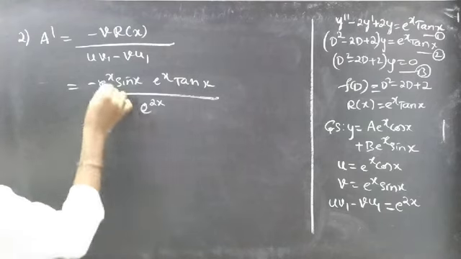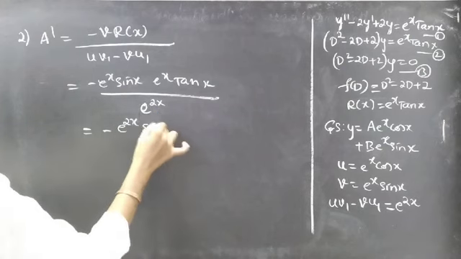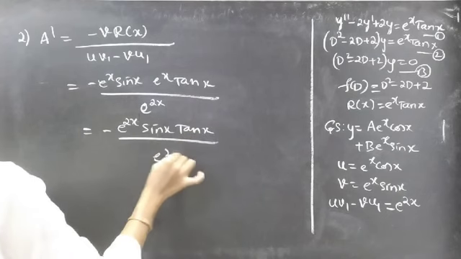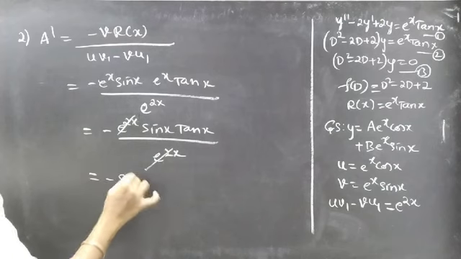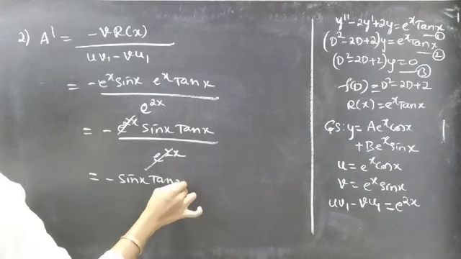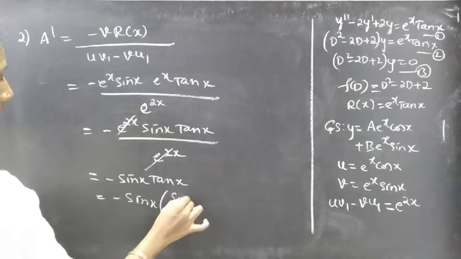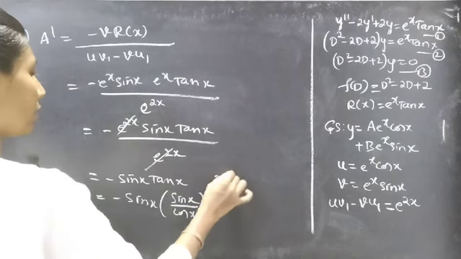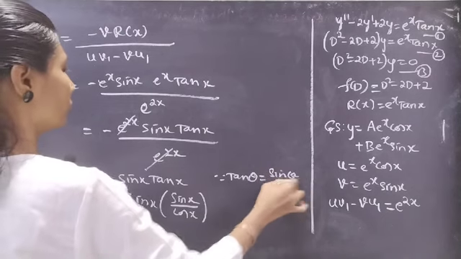This is equal to minus e power x into e power x is e power 2x into sin x into tan x by e power 2x. Here e power 2x gets cancelled, we'll get minus sin x into tan x. We can write tan x as sin x by cos x, since tan theta equals sin theta by cos theta.